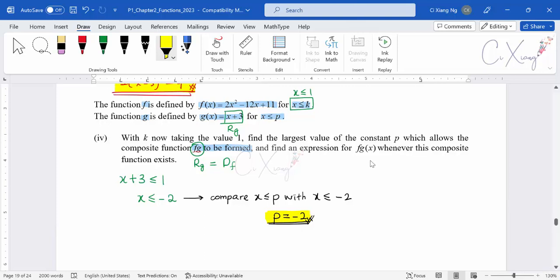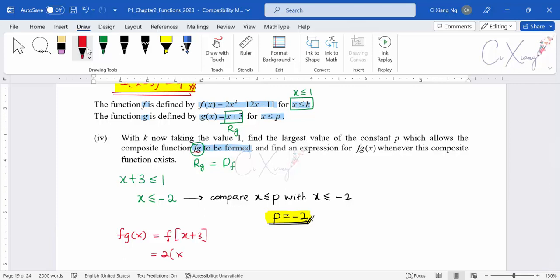Then after that, they want us to find an expression for fg(x). To find the composite function fg(x), again, substitute g into the function f. So what is my function g? x plus 3. And what's my function f? You can substitute x plus 3, replacing the x by x plus 3.